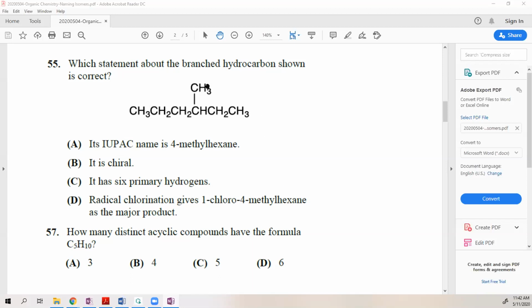And so right now we don't have a double bond. So we're not going to be adding in this chlorine to the end, so it's not going to be our D. I'm glad that everyone knew that it doesn't have just 6 primary hydrogens. We got 3 here, 3 here, 3 here, so we got 9.